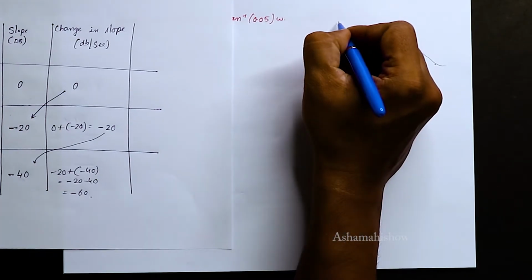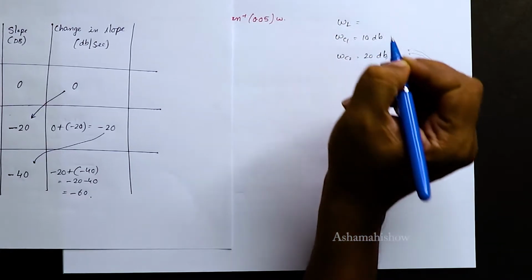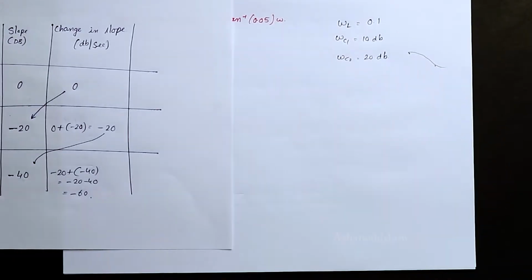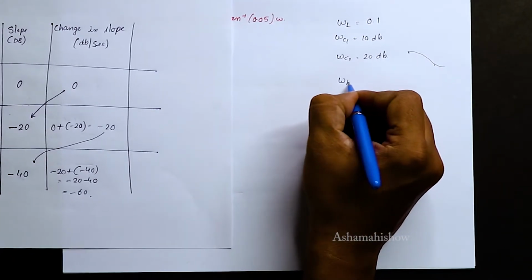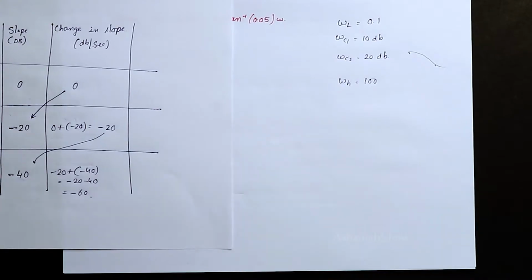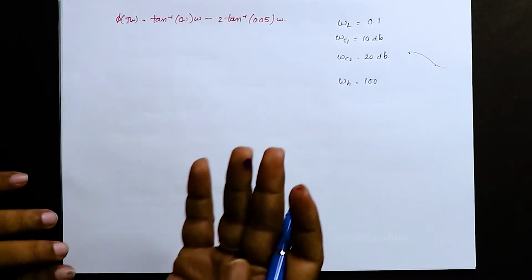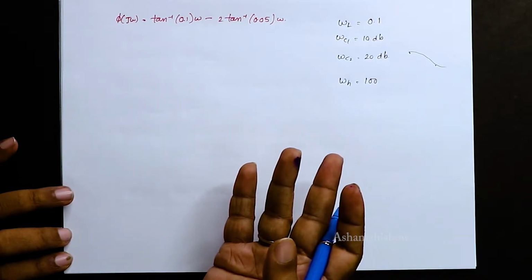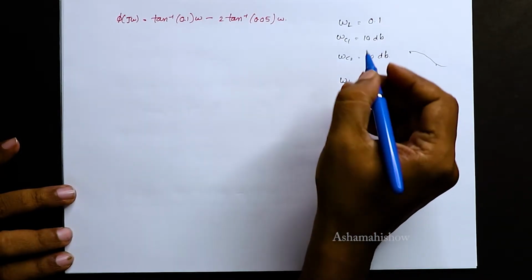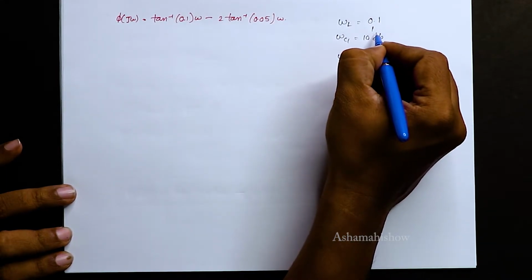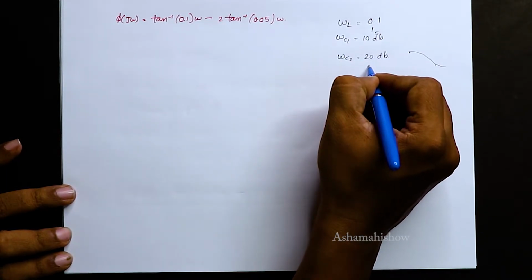For that, we always take a lower frequency. Like in the semi-log graph we take 0.1, but you can take 1 also. And for the higher frequency I'll always take 100. Like adding more omega values, we can add more in between also. I can take 1 here, I can take 5 here, I can take 10, 20, and I can take 50 here.